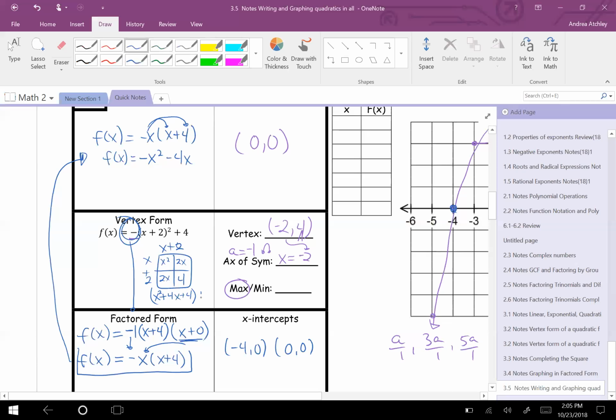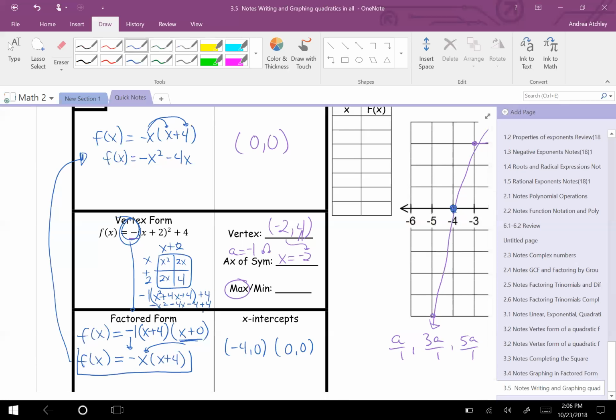Before you can add that 4, you have to multiply by the -1. Order of operations, multiplication first, then addition. So when I multiply that -1, it becomes negative x squared minus 4x minus 4 plus 4. Minus 4 plus 4 gives that 0, which is what I have here.